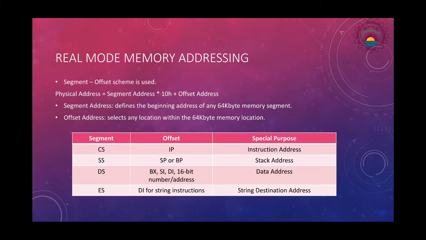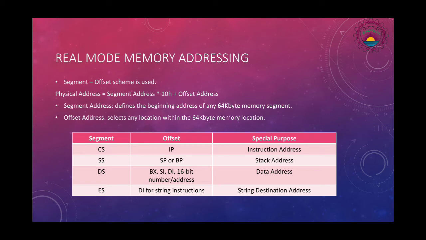Then for data segment, offset may be coming from BX register, SI, DI, 16-bit number or address may be mentioned directly into instruction. So you will be using these registers or direct address of 16-bit within move, add, subtract, and or instructions.